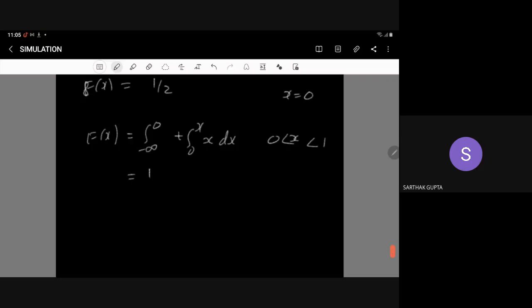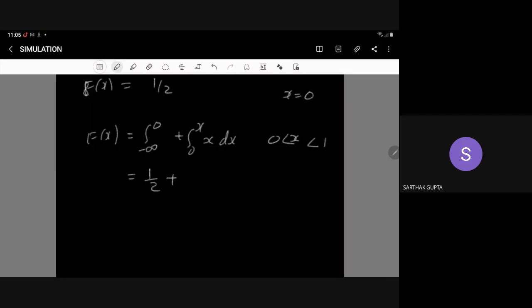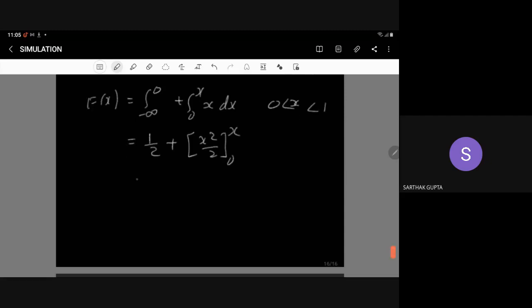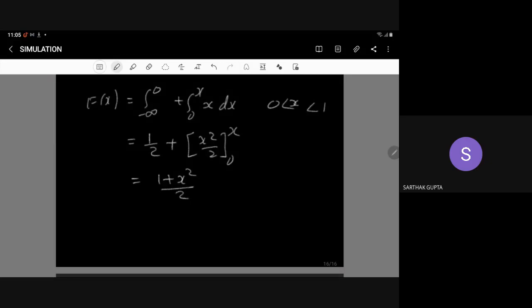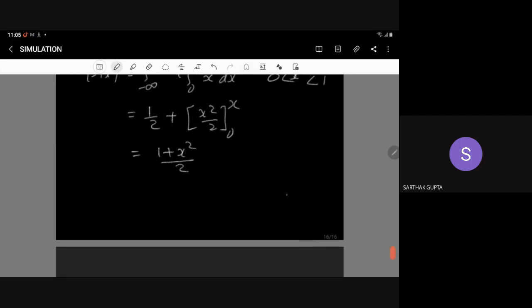So for this we have computed a half. In general, a common mistake we have seen, you do not add the half here. So half, and here integration is x square by 2 from 0 to x. So this will give you 1 plus x square by 2. Now when x is equal to 1, at that time Fx will become 1.